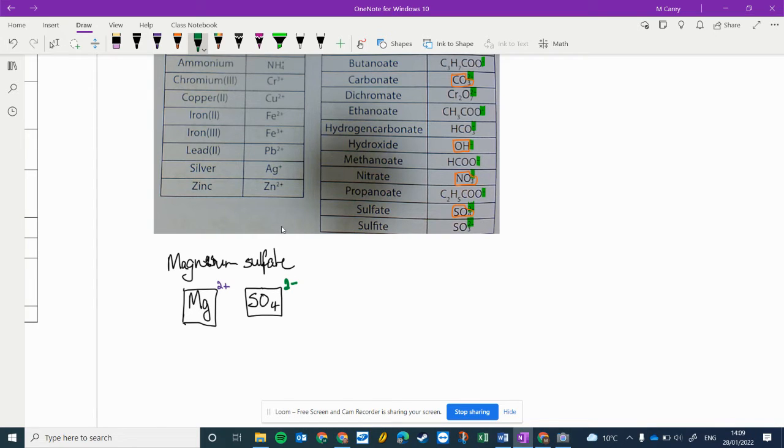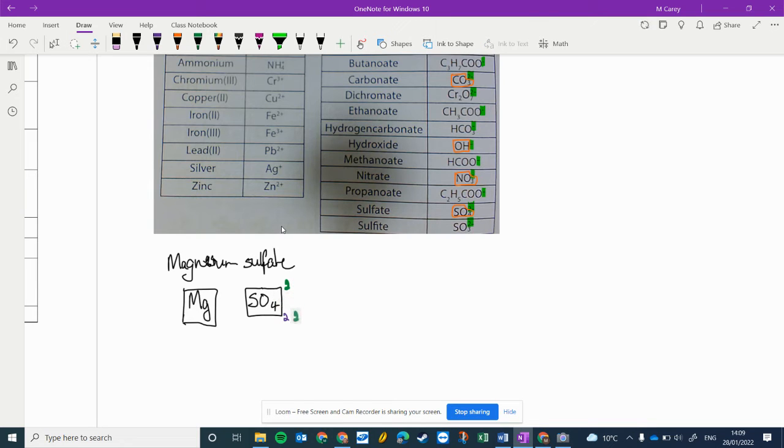Okay, so now we're going to do the whole thing of losing the charge, dropping and swapping, right? So lose the charge, drop, swap. If you were paying attention, you'll know that actually they'll cancel out before you even have to bother with this part.